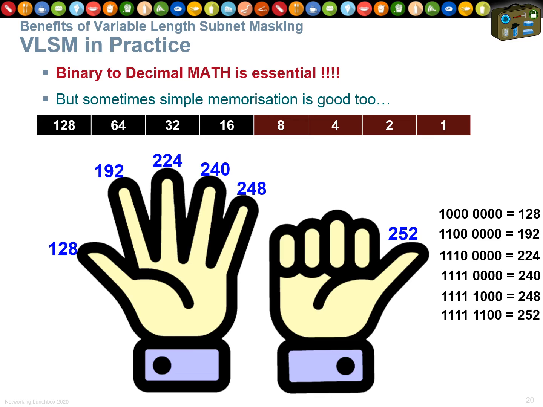So that's 128, 192, 224, 240, 248, okay, 252. The mask is 252. This is a little shortcut you can do. Obviously, if you've got a pen and paper, then just write them out, convert it from binary. Just write 1, 1, 1, 0, 0, 0, 0, 0, and convert that from binary to decimal. Pretty sure you'll get 224. So if you memorize it, that might speed up your calculations.